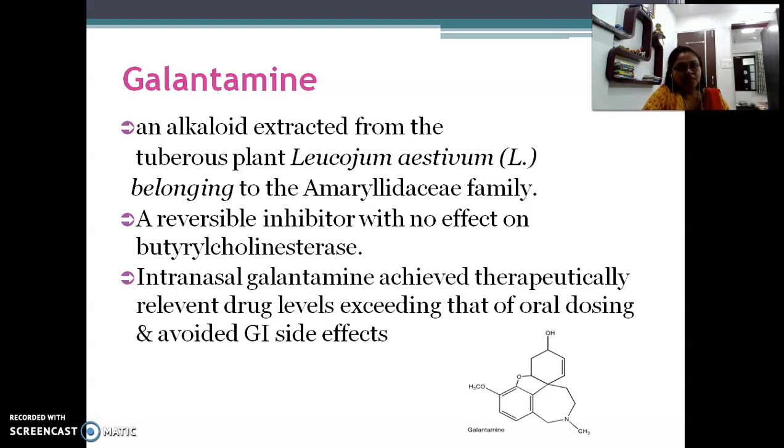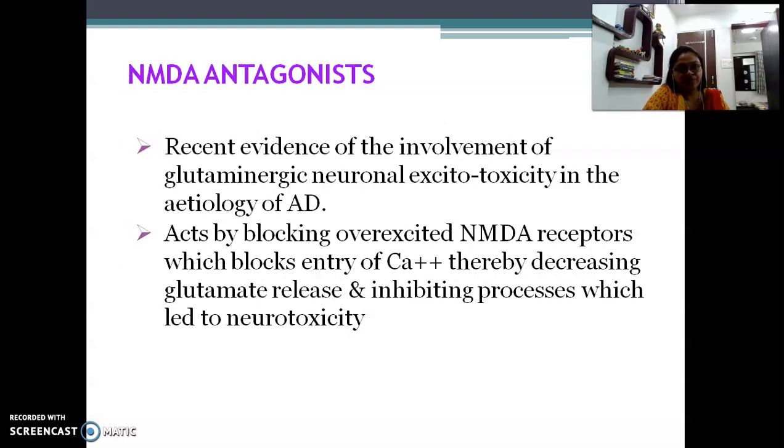But galantamine is not used orally because it has severe GI side effects. Rather than that, it is used in intranasal form, which will have a higher drug level than oral dosing.